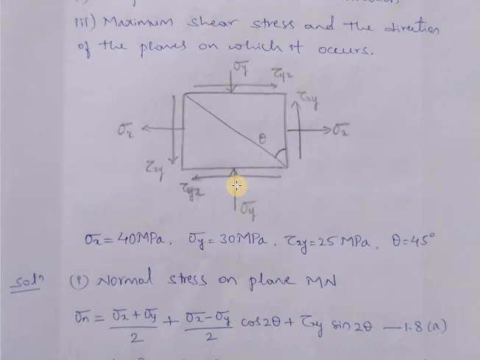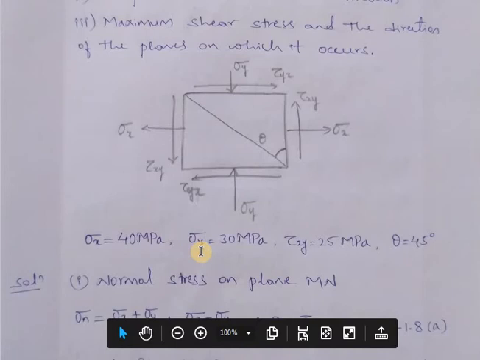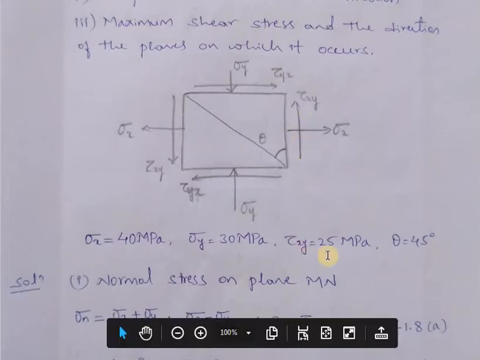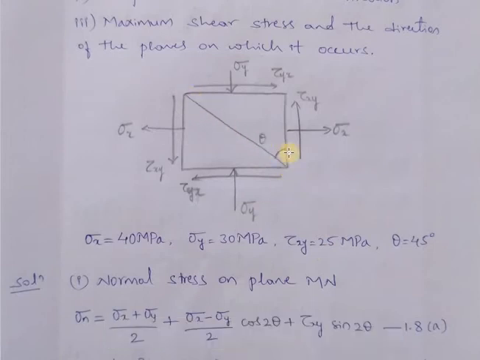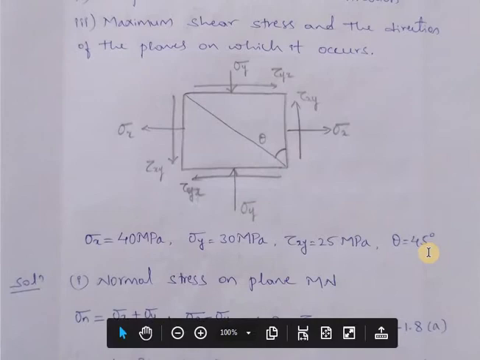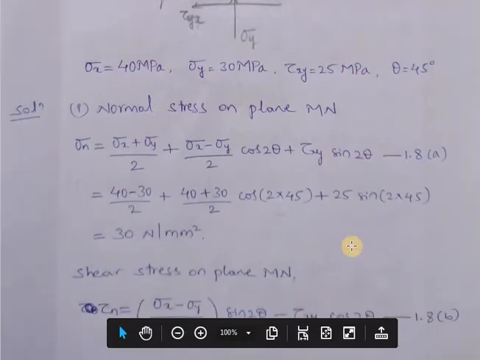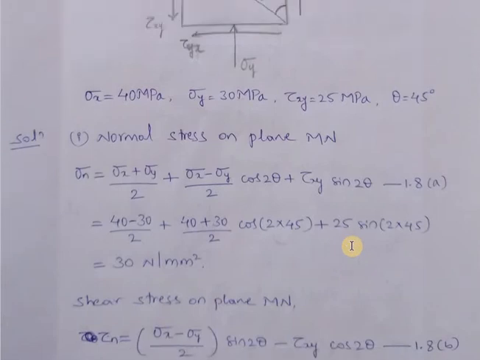So we can consider it as a compressive load, and the stress sigma y is equal to 30 megapascal, and we have the shear stress which is of 25 megapascal, and here we have the plane MN which is inclined at an angle of 45 degrees. So first we need to find the normal stress on the plane MN.